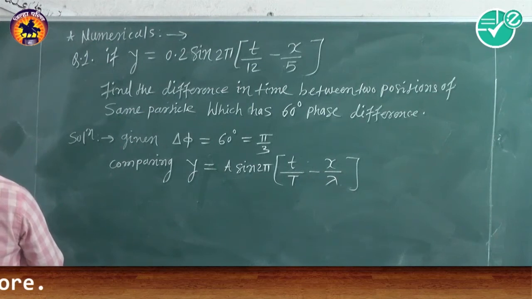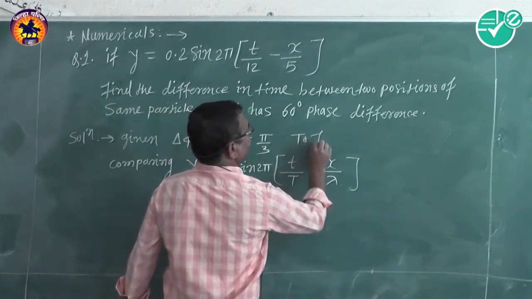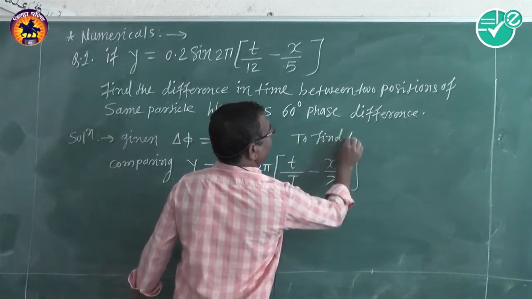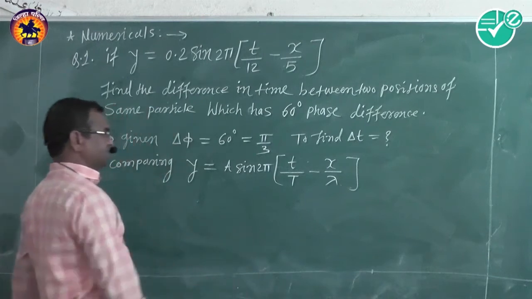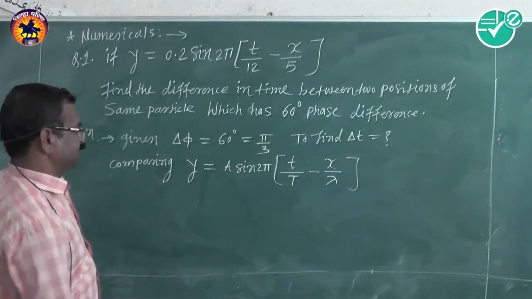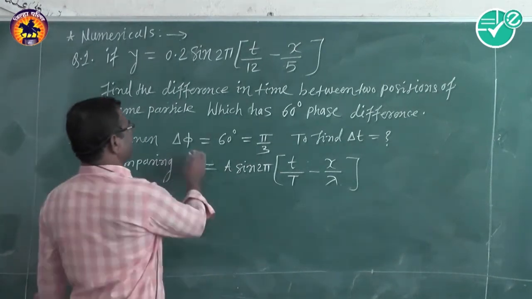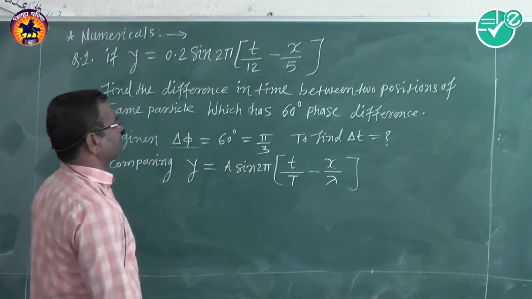And we have to find delta t. Delta t is equal to what? We are finding the time difference delta t. We are given the phase difference delta phi, it is equal to 60 degree, it is equal to pi by 3.